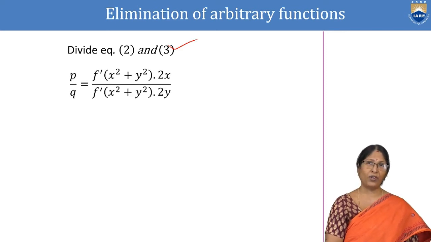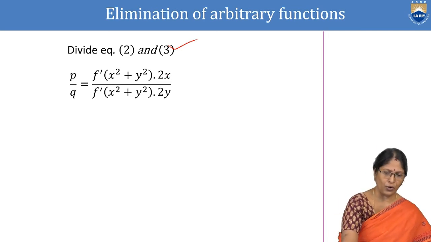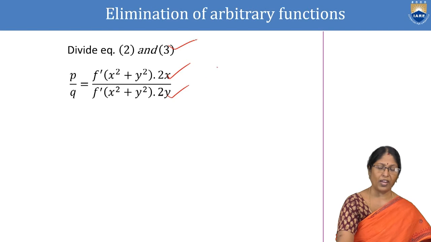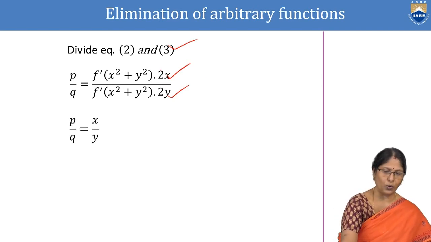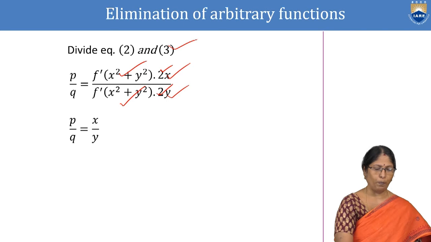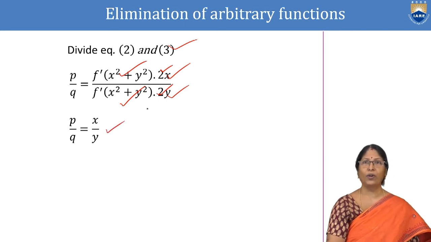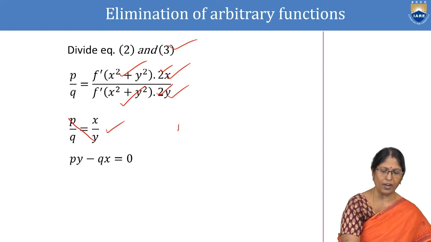So here we have taken division, equation 2 divided by equation 3. The 2 cancels, and the function is completely eliminated. So p by q equals x by y, and with cross multiplication, py equals qx.